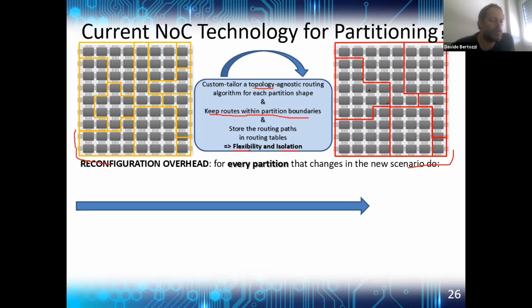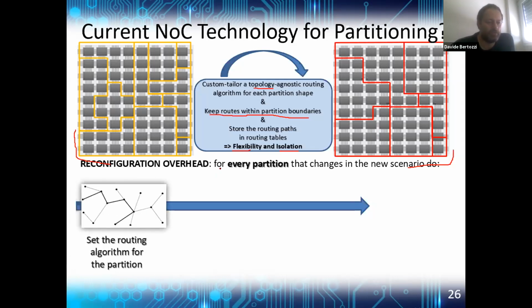Let me tell this to you again. This is a runtime reconfiguration overhead. For each partition of the new scenario, you need to do the following things. You need to customize the topology agnostic routing algorithm for the new partition shape. For instance, some routing strategies build a minimum spanning tree out of your partition nodes. So you need to build a spanning tree.